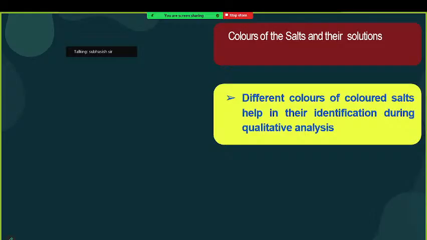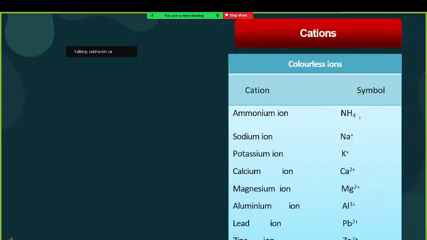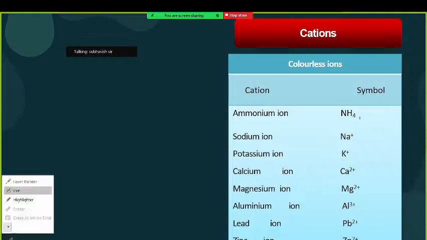Already we have mentioned that color gives you some idea about the nature of the salts, but not the confirmation. So the different colors of different salts can help you in this type of analysis. Here we mention some of the salts.